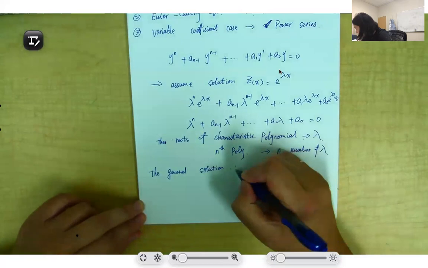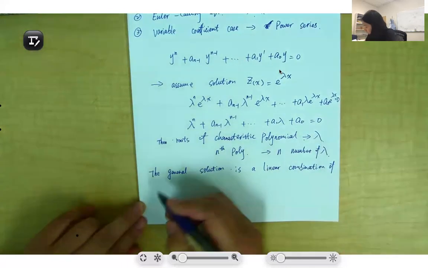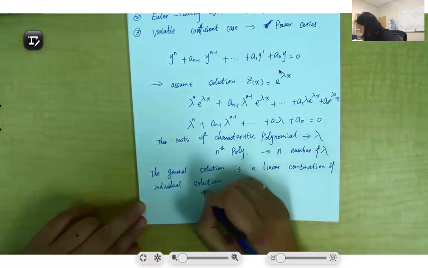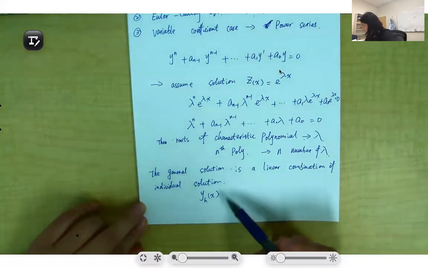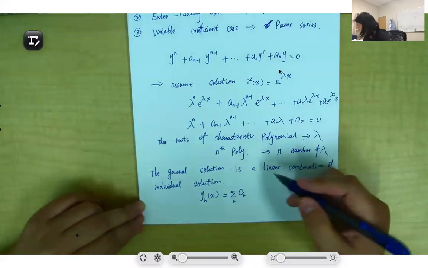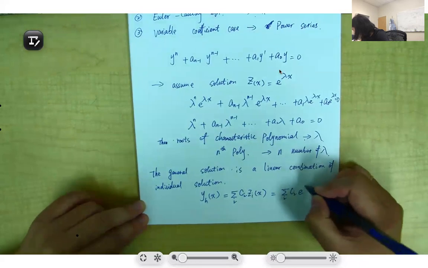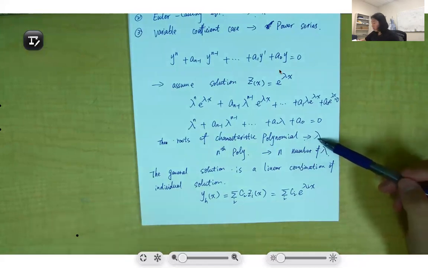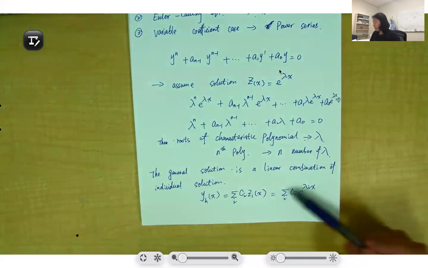So the general solution is a linear combination of individual solutions. This homogeneous solution will be a linear combination, so you sum all the constants times each individual solution, which is C_i e to the lambda_i x, because each individual solution is associated with lambda_i. So your solution form is the sum of C_i e to the lambda_i x.